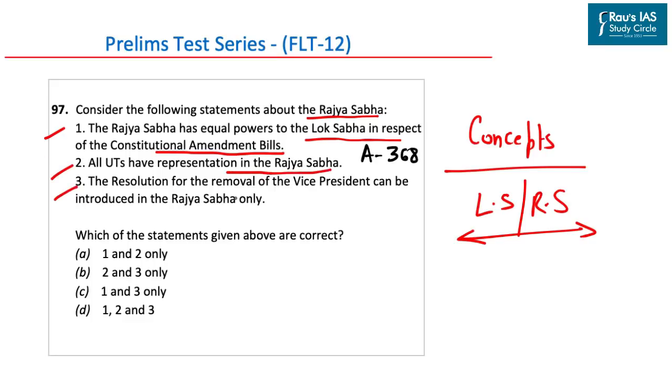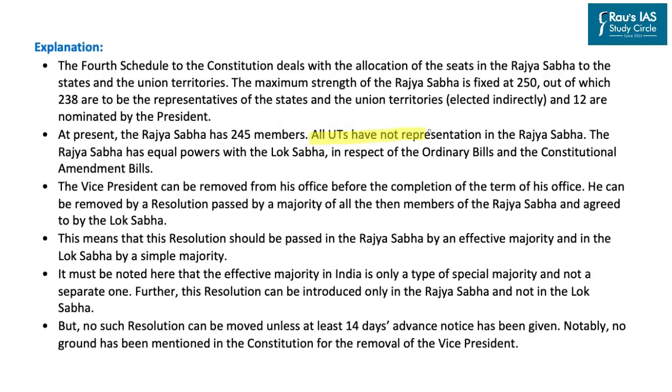And third, the resolution for removal of the vice president can be introduced in the Rajya Sabha only. Now this point has been highlighted very clearly in the explanation of this PTS question, where it says that all UTs do not have representation in the Rajya Sabha, and the resolution for removal of vice president has to be initiated only in Rajya Sabha.